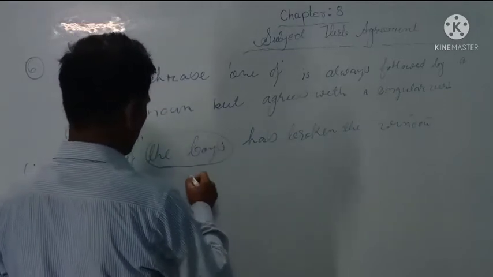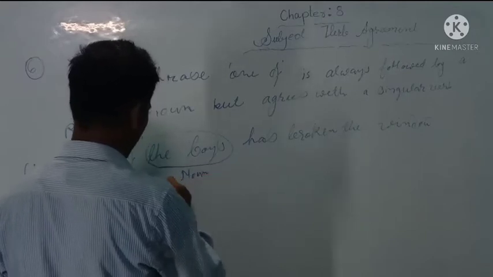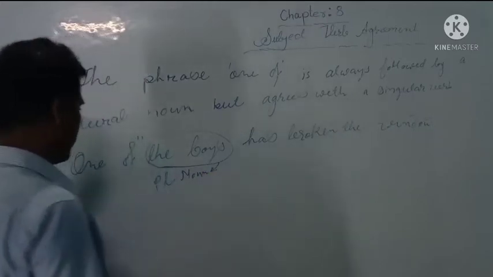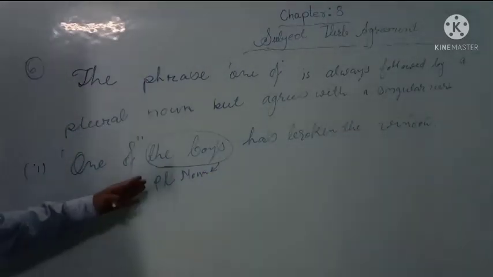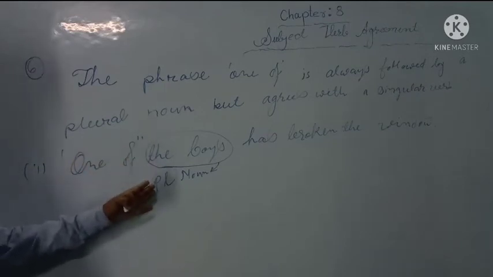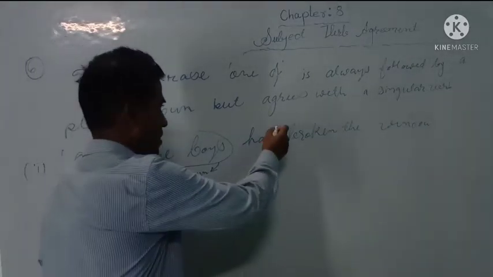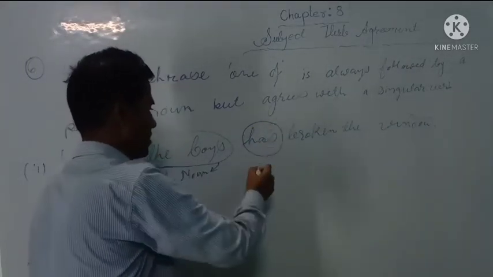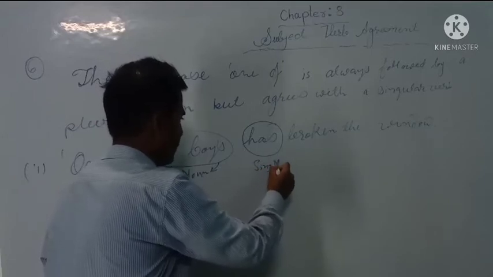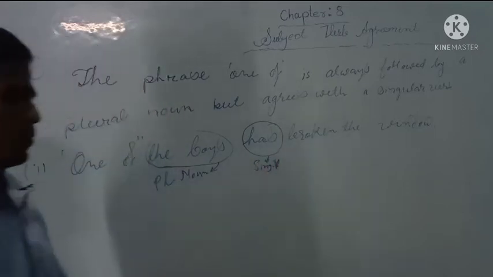The boys is a plural noun, and the phrase one of is followed by the boys, but it agrees with a singular verb, that is has. Are you getting me?